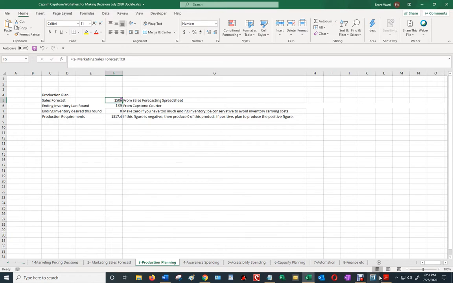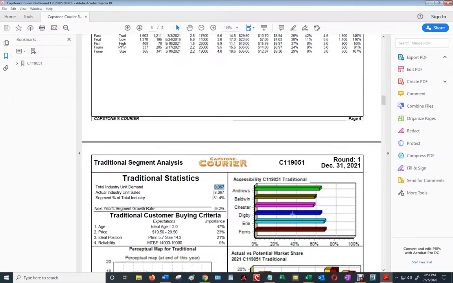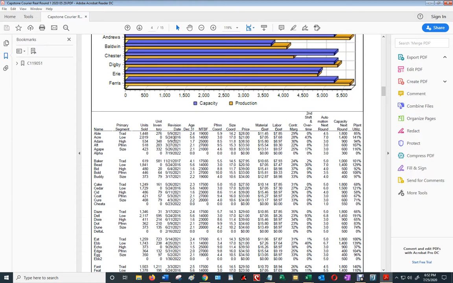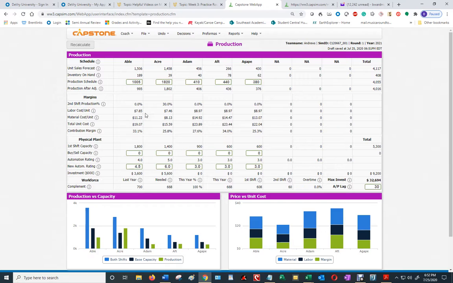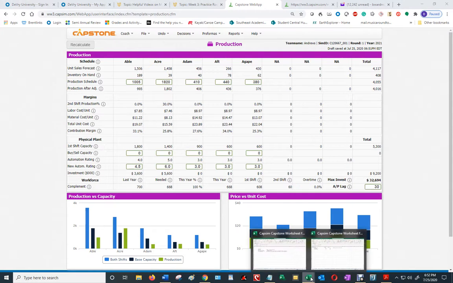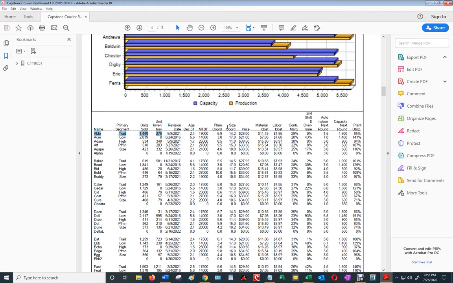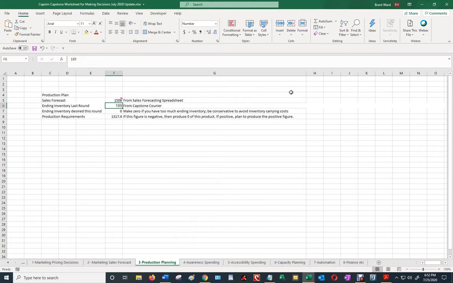Then the next thing I have to do is go back into the Courier, and near the top there's the production area, and it tells me how much inventory I had left over. 276 units, because again this is done on a per product basis, so 276. So what I do for Able, I would write 1506, and then my leftover inventory was 276.